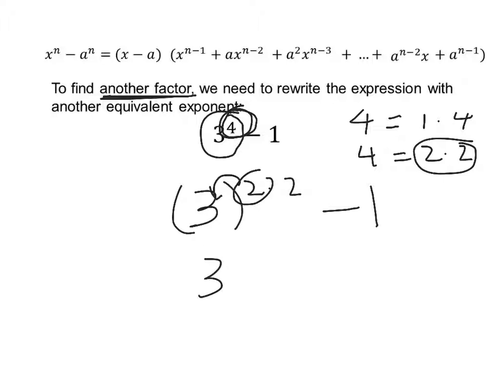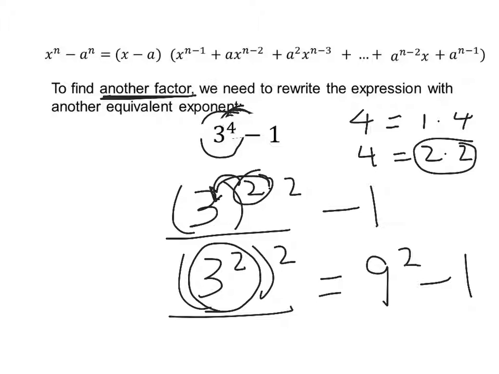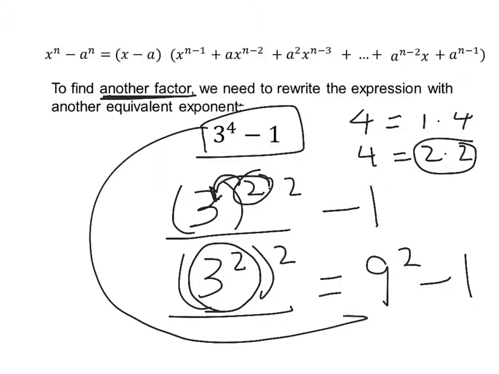So to look like this, 3 to the power of 2 to the power of 2 is the same as this. We just brought in this 2 as the exponent of 3. So now we can write this as 9 because 3 to the power of 2 is 9. So 9 squared minus 1. So effectively, we have rewritten this original expression as 9 to the power of 2 minus 1.